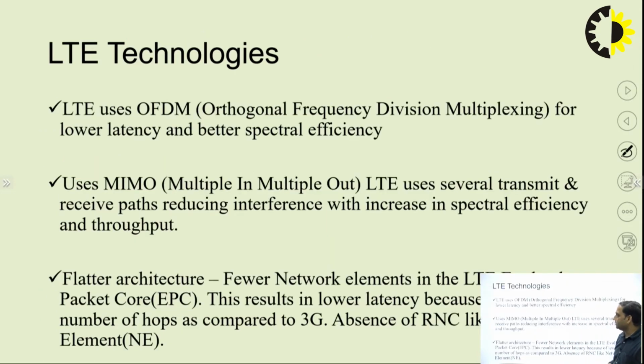Next, a very important point: the LTE technology. In LTE, how do we transmit high data rate signals? For that we have the transmission scheme OFDM, orthogonal frequency division multiplexing.